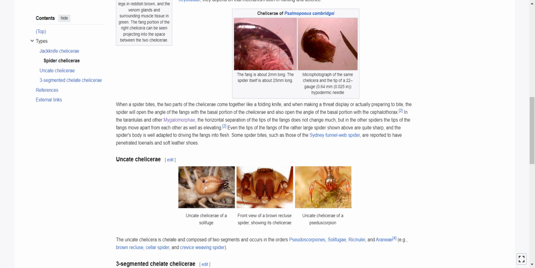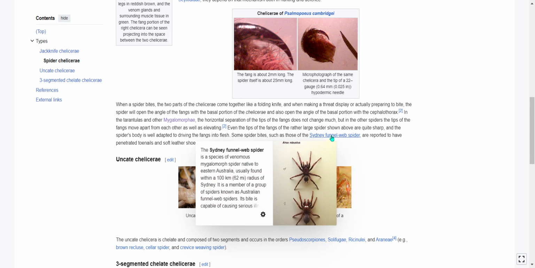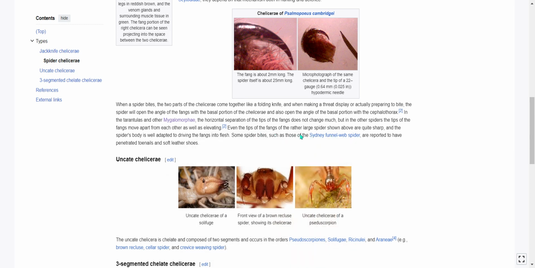Some spider bites, such as those of the Sydney funnel web spider, are reported to have penetrated toenails and soft leather shoes. What? Oh, I was reading that wrong. It's saying that the bites themselves, by reports, have penetrated through someone's toenail or through soft leather shoes.